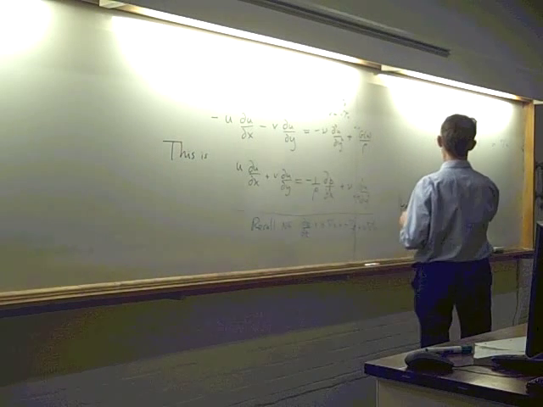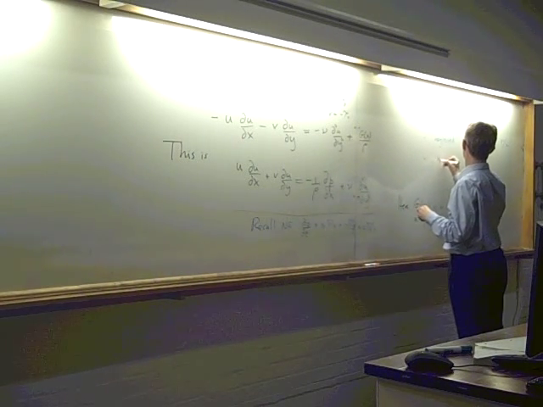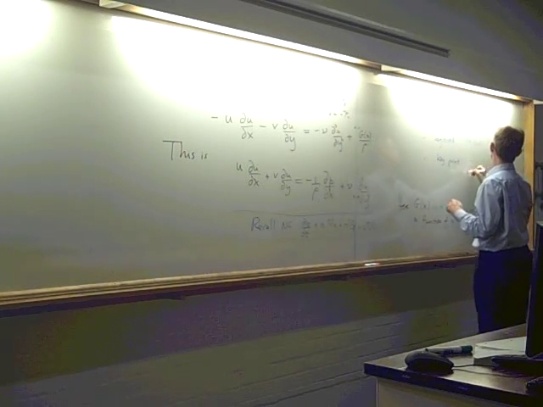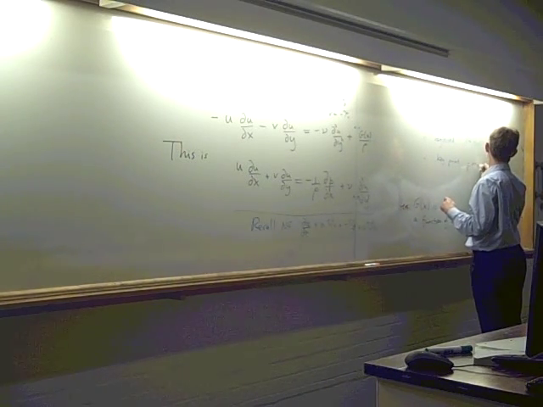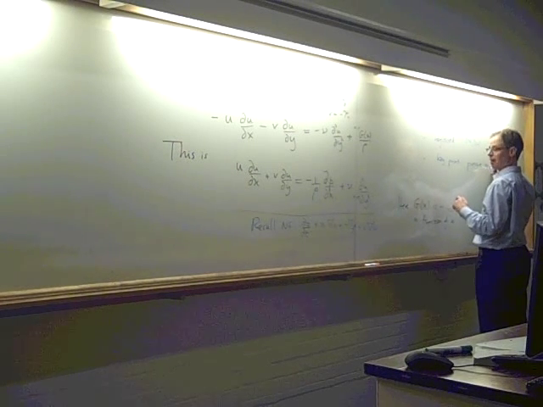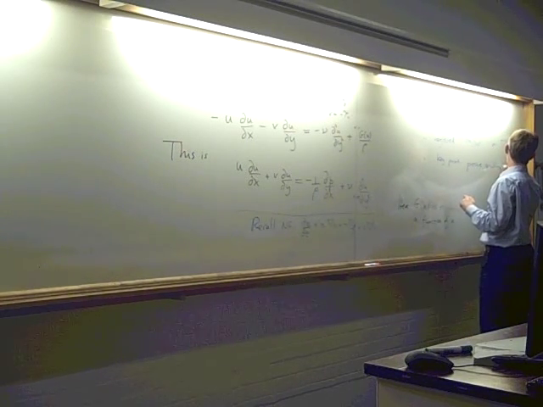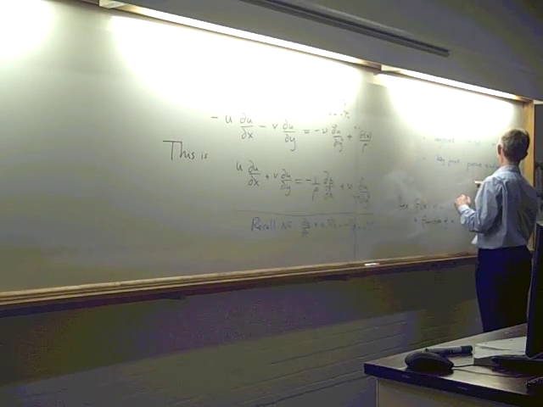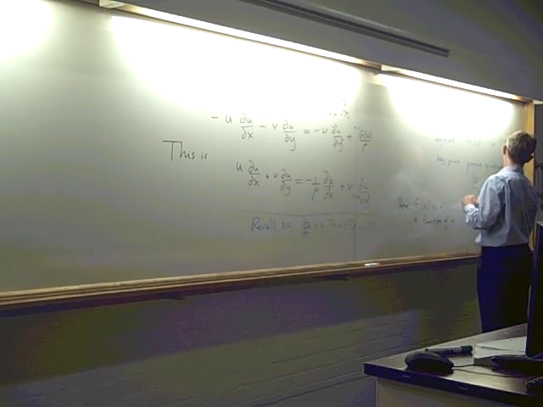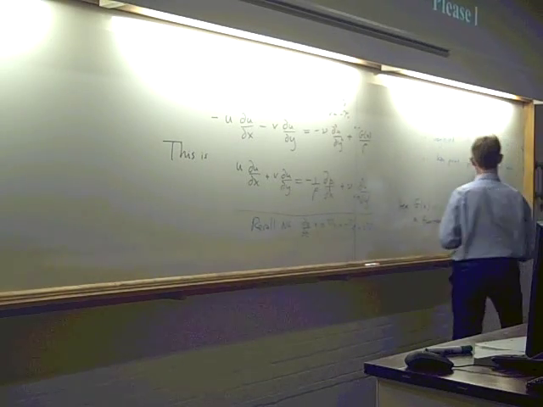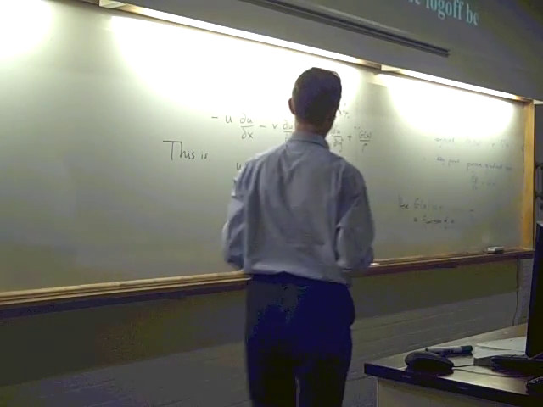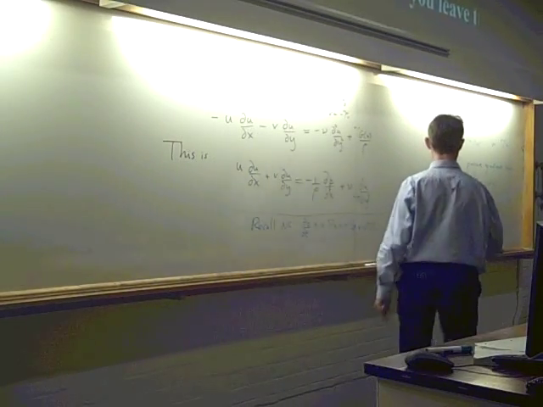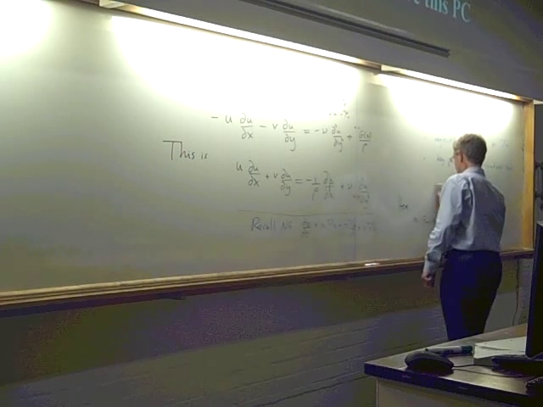So the key point is the pressure gradient term. So it's dp by dx is big G of x, up to plus or minus sign. It doesn't really matter whether it's plus sign or minus sign. The point is it doesn't depend on y.